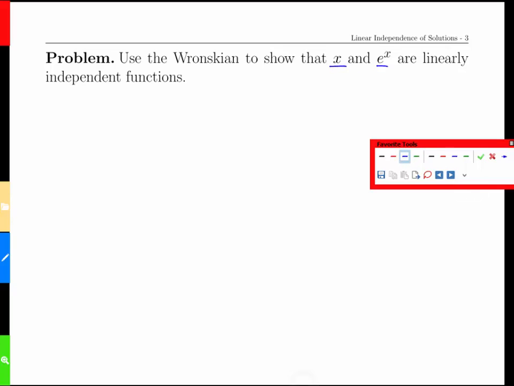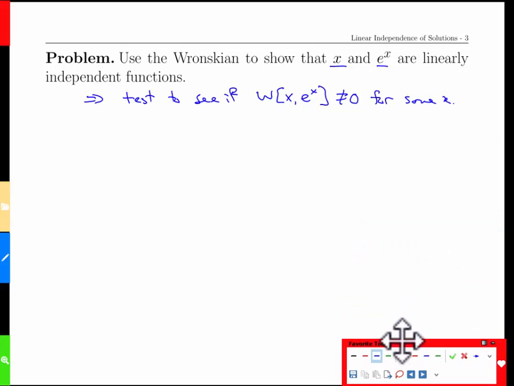Let's take x and e to the x and simply ask, are they linearly independent functions? We're going to test that by seeing if the Wronskian of x and e to the x is not equal to 0 for some x. If it is, then we've shown they're linearly independent. If we can find what the Wronskian is and show it's not 0 somewhere, then we have done our job.